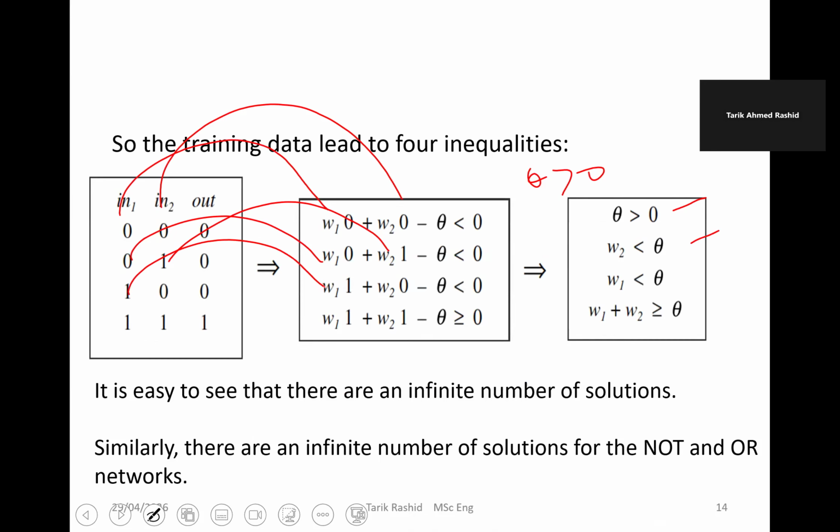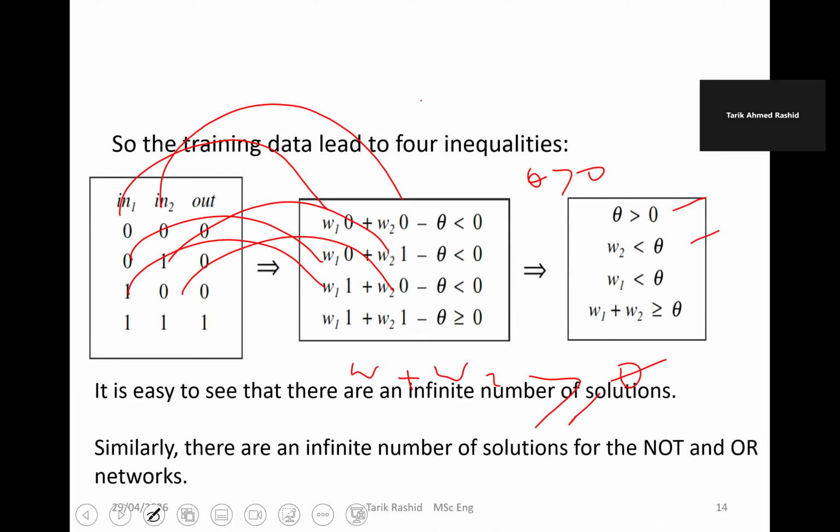Likewise, 1 multiplied by W1, 0 multiplied by W2, minus theta, take it to the other side, it will be W1 greater than or equal to theta. And W1 plus W2 less than theta. Can we just prove whether this is correct or not?